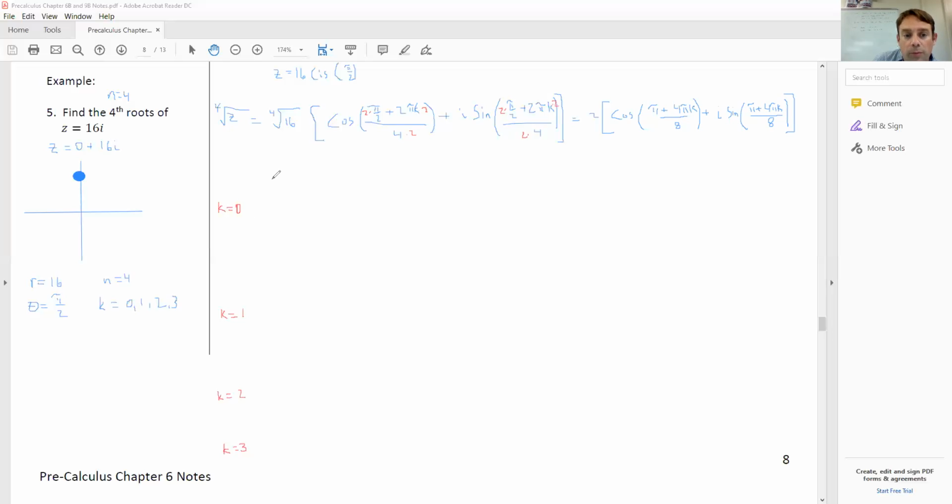Our first root is going to be 2 cosine, whoopsies, of pi plus 4 pi times 0, so that's going to end up being pi over 8. That's not even going to give me a number that I like, which means I'm probably going to use my cis formula from here on out.